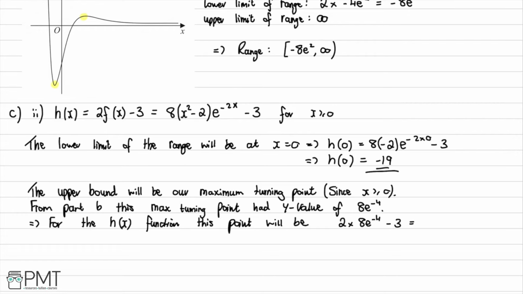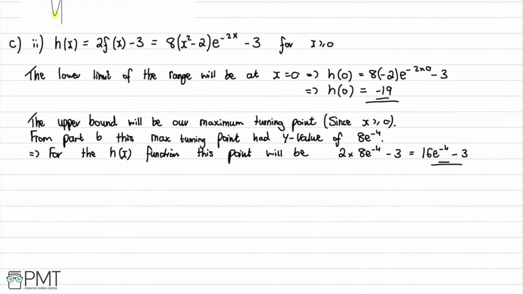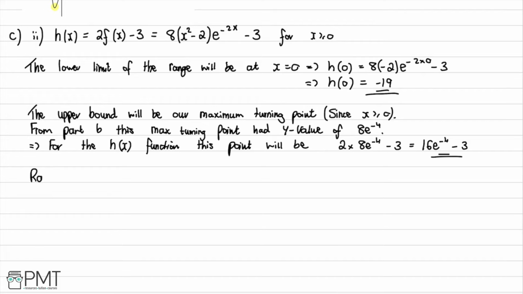So what's this going to be equal to? This is going to be equal to 16e negative 4, take away 3. So therefore, we can conclude that the range is going to be negative 19 as the lower limit, and the upper limit is going to be 16e to the power negative 4, take away 3. And therefore we've completed this question.